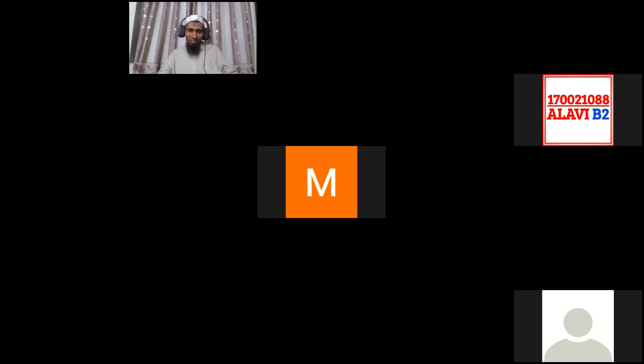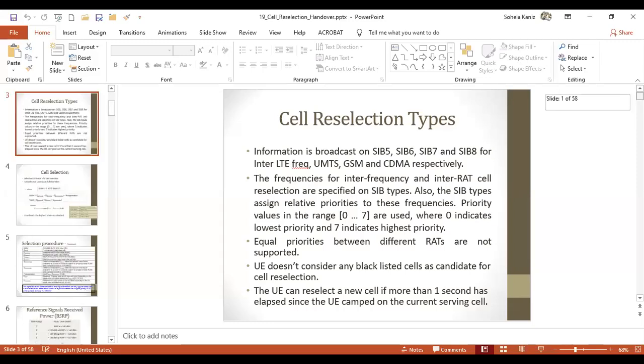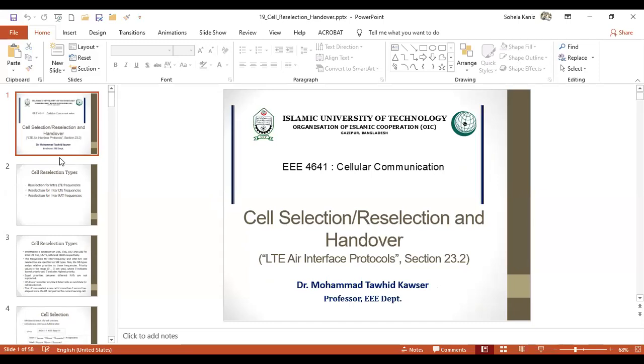Okay. Now today we will discuss cell selection or handover. Okay. So that's our next topic. So the basic purpose of this presentation is to discuss mobility support, how you can manage mobility, where users will be moving, but it's still all the way connected.